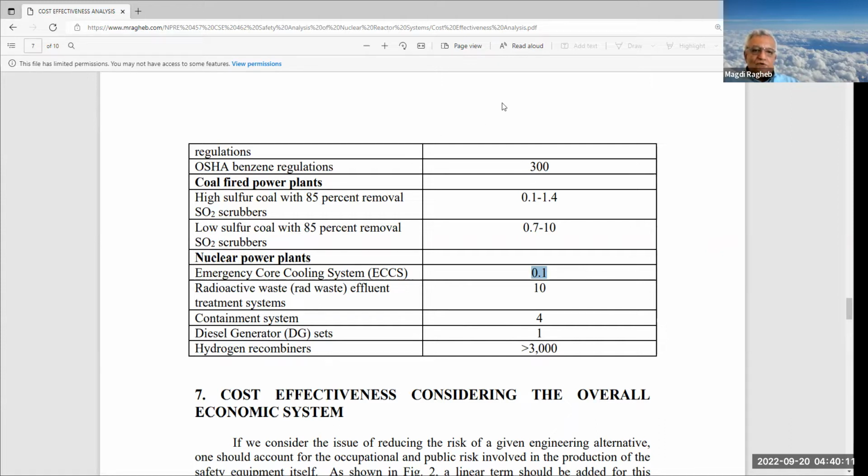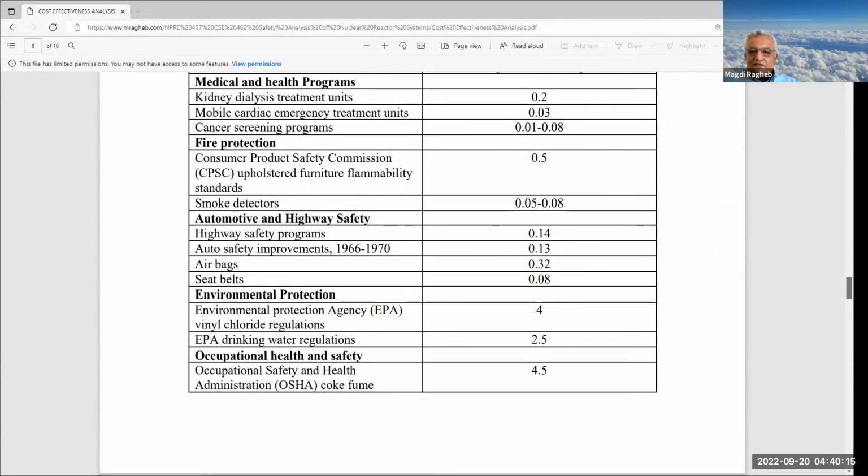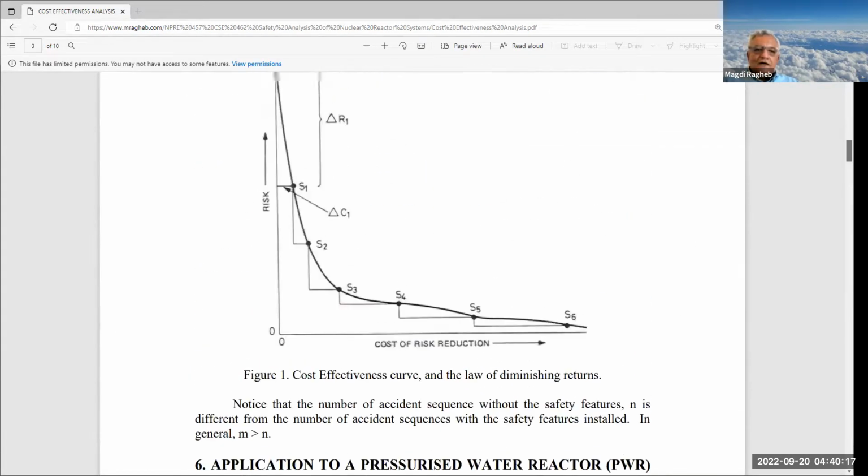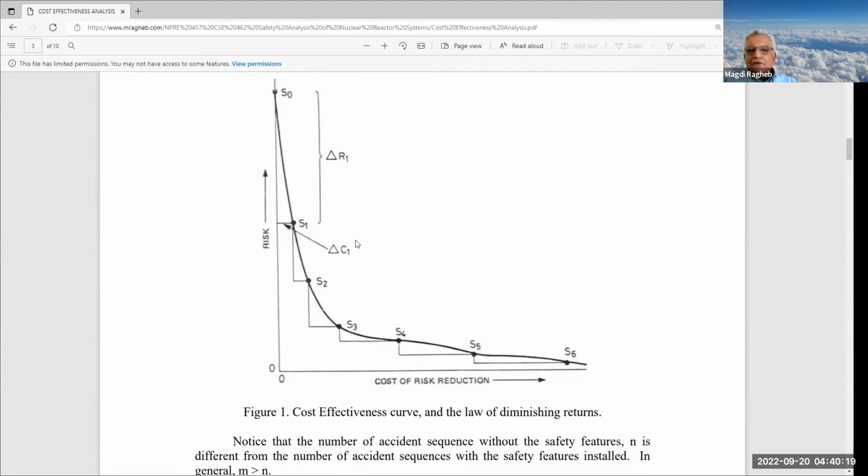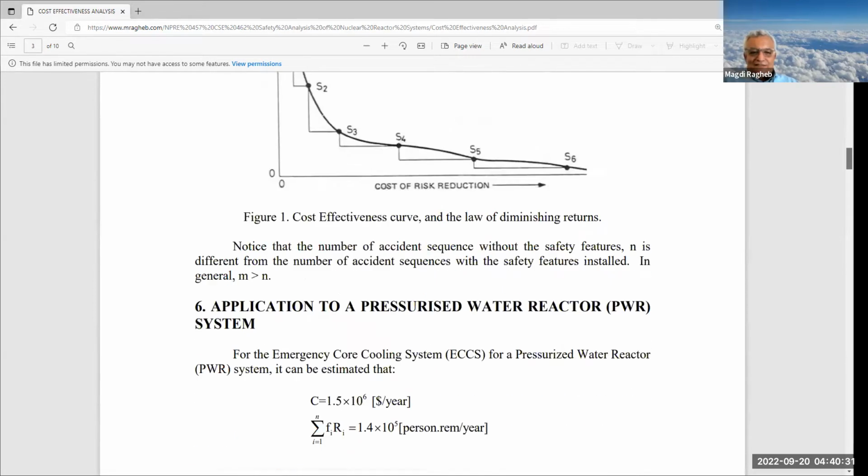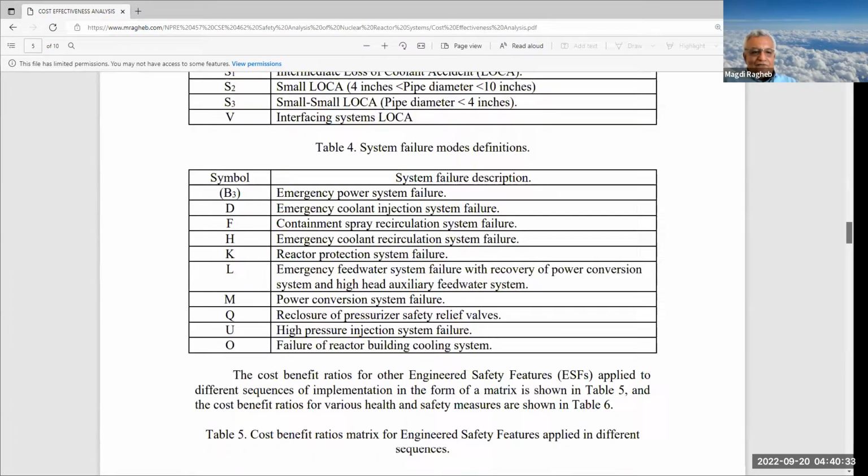And that was more detailed about the straight approach to assessing risk, in that by adding safety features, we can reduce the risk incrementally, but as the amount that we spend becomes large, the risk reduction is very small. If you want to be more sophisticated, then you consider the overall system.